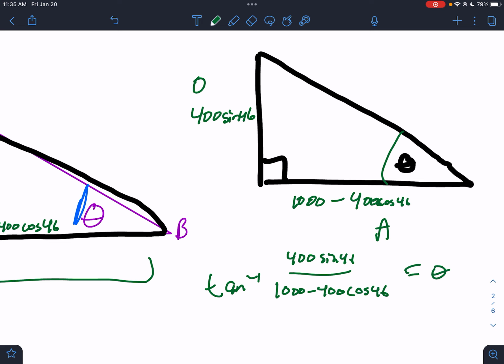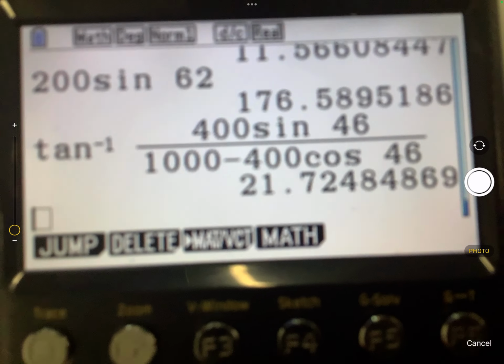That's my theta. I got to type that in. Inverse tangent of opposite, I have to hit the fraction key first, 400 sine 46 over 1,000 minus 400 cosine 46. And just so you can kind of see it, this is what it looks like.